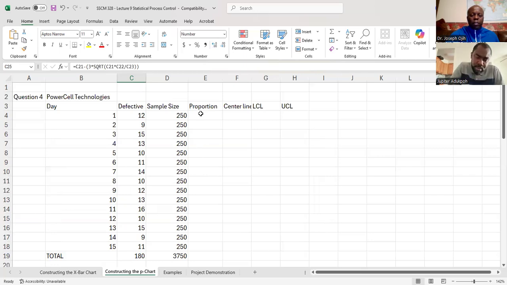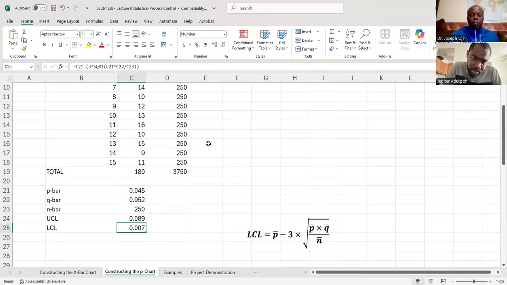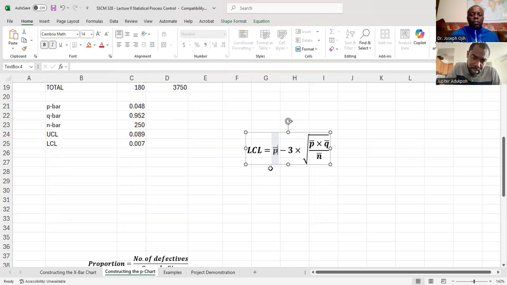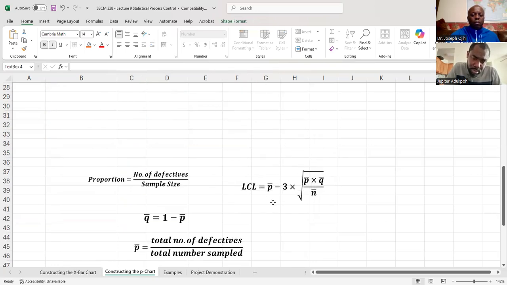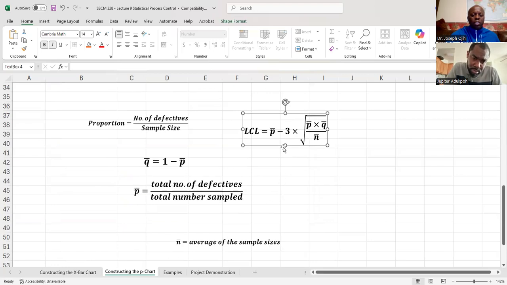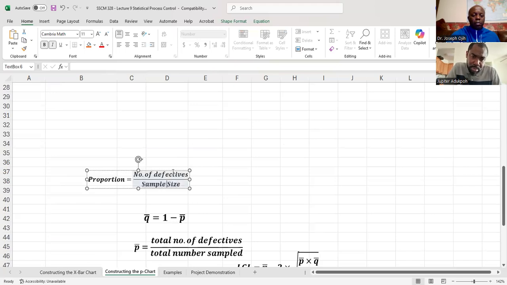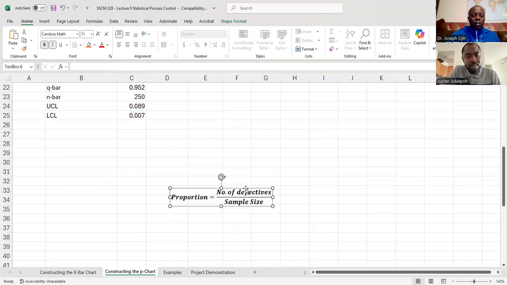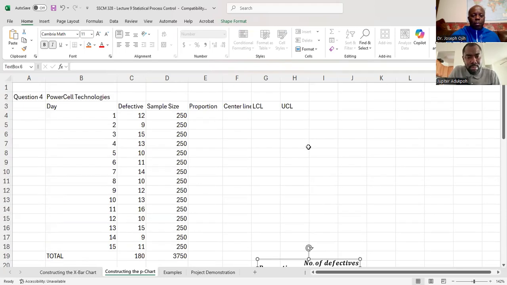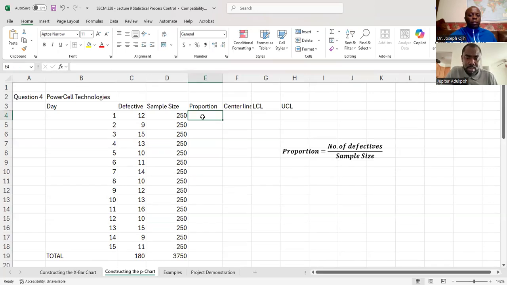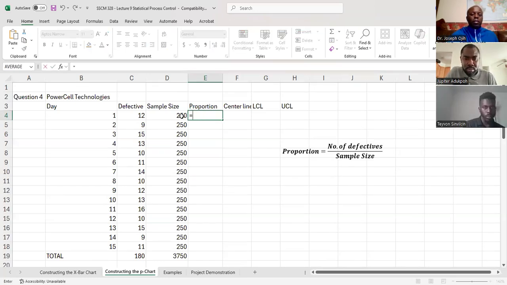Now, let's look at the proportion. It's the proportion of defective for each sample. For that, we're going to use this formula here for each sample. For example, for this one, put an equal sign.